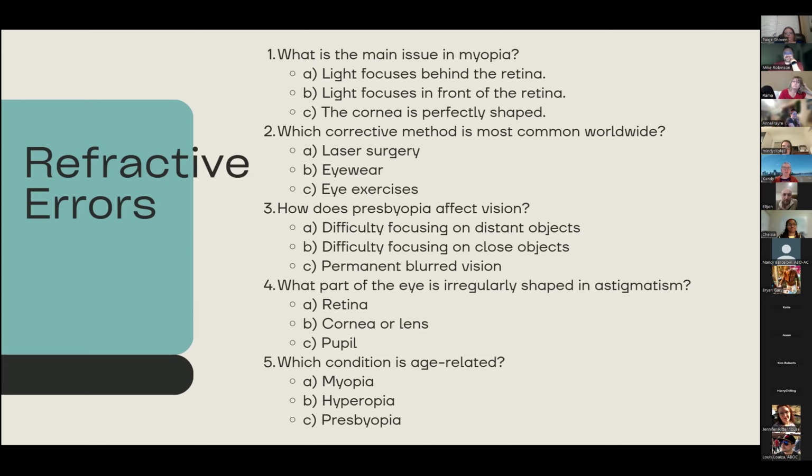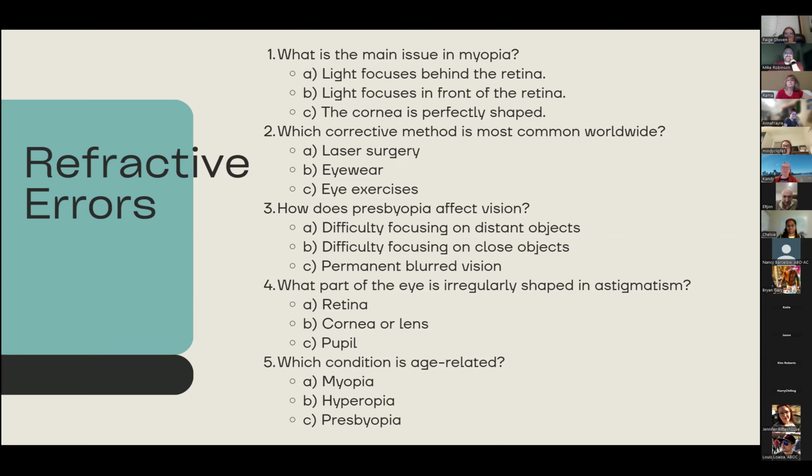Number 4, what part of the eye is irregularly shaped in an astigmatism? A, the retina, B, the cornea or lens, or C, the pupil? Here's yours, Paige. Which condition is age-related?